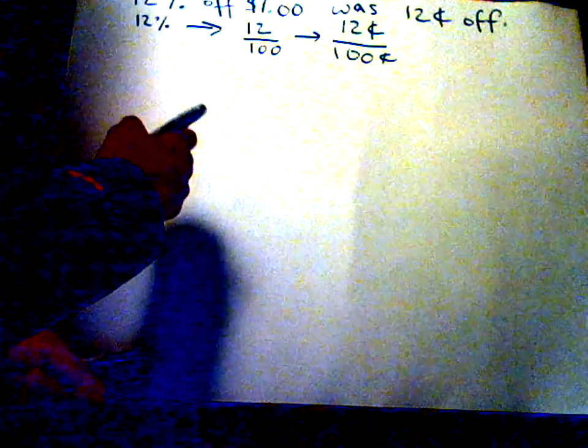All these ratios would form a proportion. We know that 12 over 100 would be 12 cents over 100 cents. So we found that 12% off $1 is the same as 12 cents off.